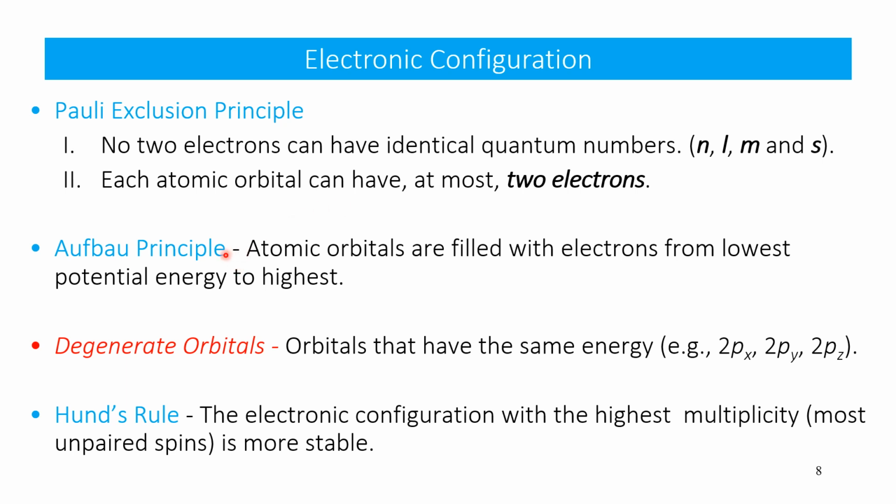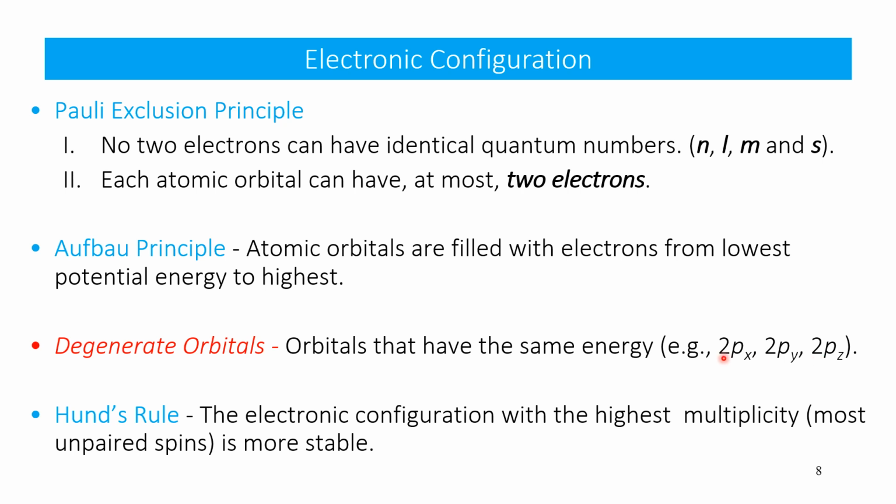The Aufbau principle, the filling-up principle, says that in the ground state of the species, in this case the atom, electrons fill from the lowest orbital upwards. Degenerate orbitals are orbitals that have the same energy. So for an atom in the ground state, the 2px, 2py, and 2pz are all degenerate.